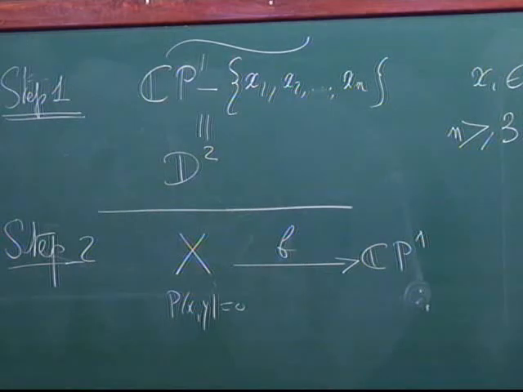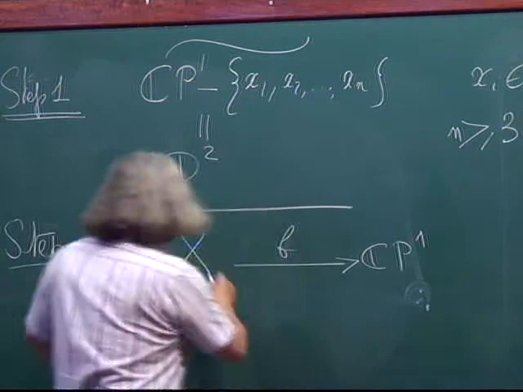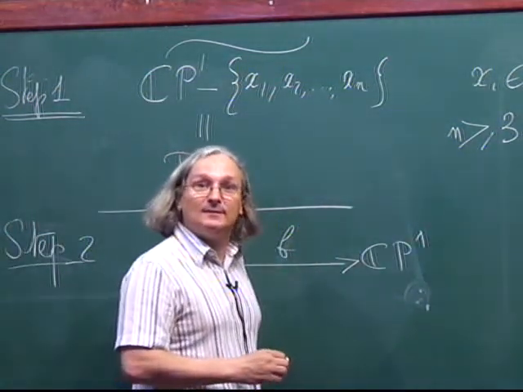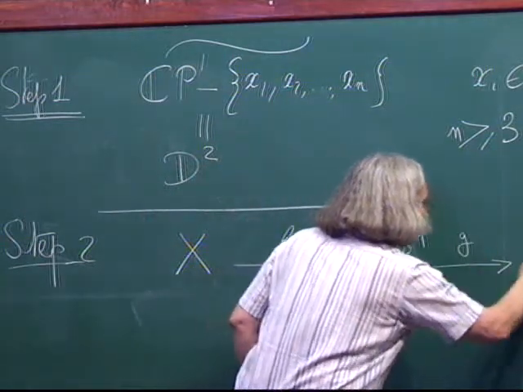For example, the function x. Function x is a meromorphic function on the curve. And the claim of Poincaré is this. You will take this meromorphic function and you will make it more complicated by composing here by some rational map.